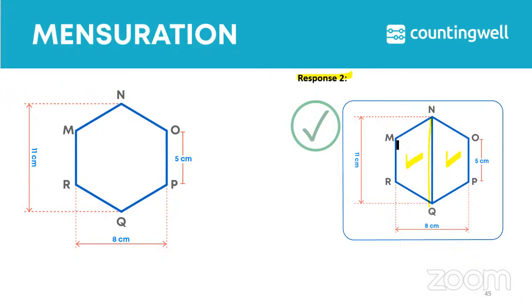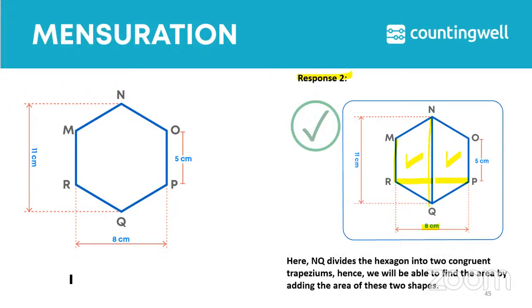They will be MR and NQ, and NQ and OP for trapezium NOPQ. What will be the heights? As it is given, RP equals 8 centimeter, so the height will be 4 and 4, correct? So this is also the correct approach. And then we'll be able to find the area by adding the areas of these two shapes.